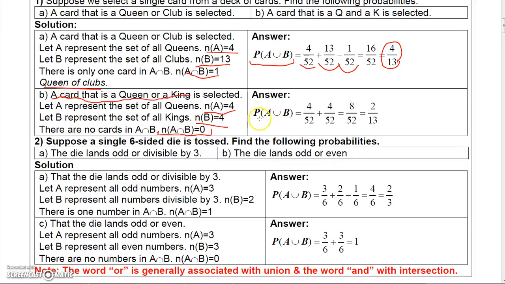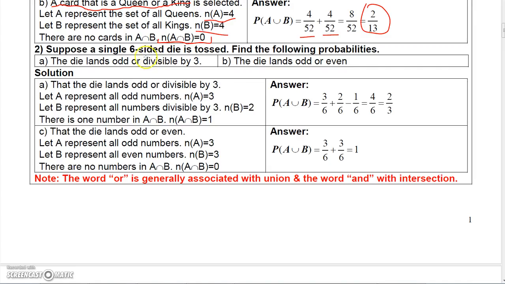So to get the probability of a queen or a king, I just take the probability of a queen plus the probability of a king and add the 2 together, and that's going to give me 8 out of 52, which reduces to 2/13.